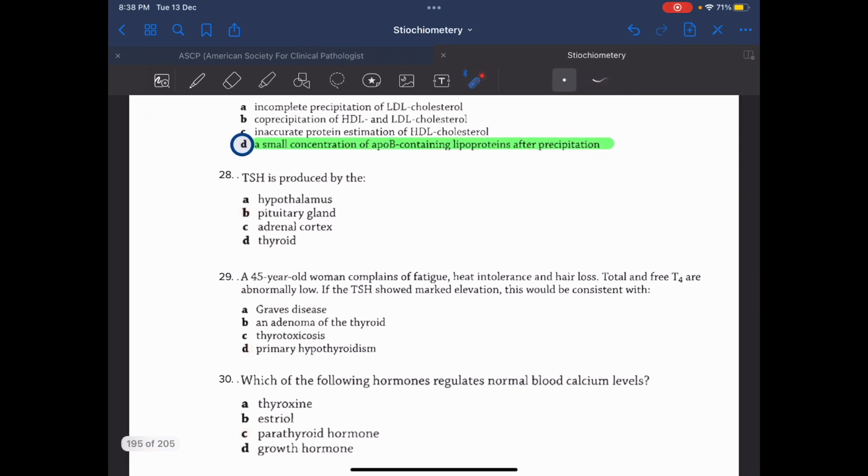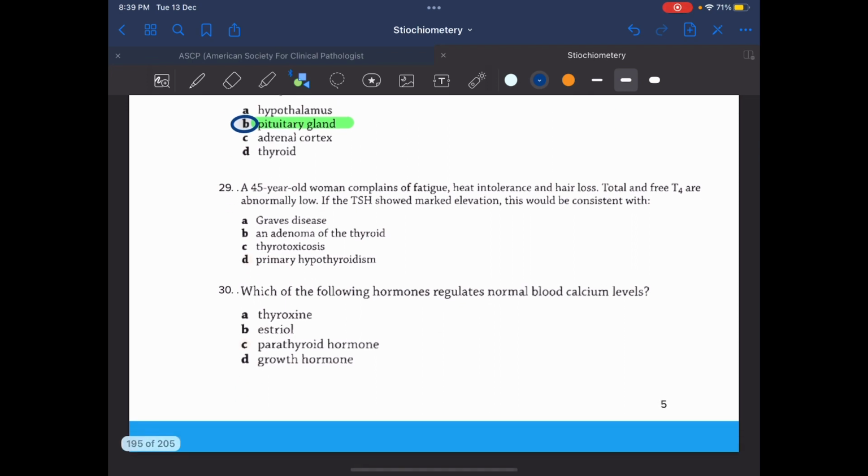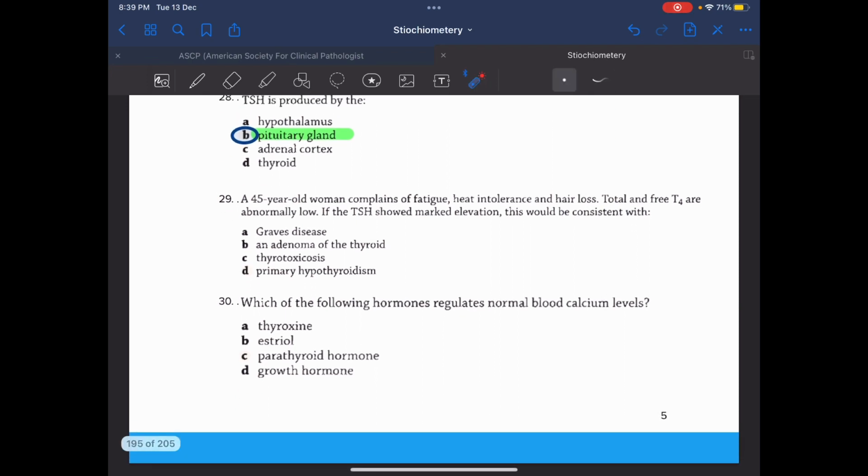Question 28. TSH is produced by hypothalamus, pituitary gland, adrenal cortex, thyroid. Thyroid stimulating hormone is produced by the pituitary gland. So the correct answer is B. Question 29. A 45 year old woman complains of fatigue, heat intolerance, and hair loss.